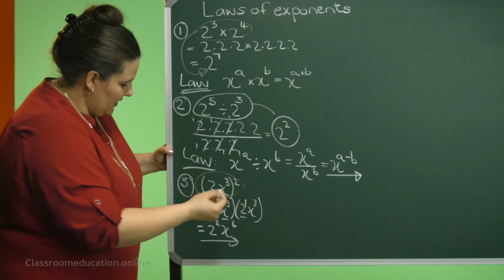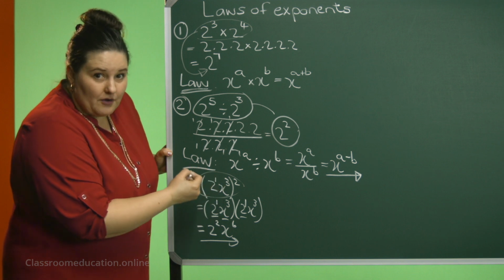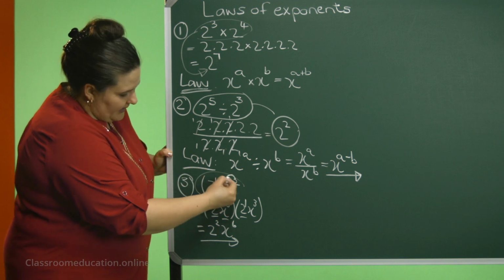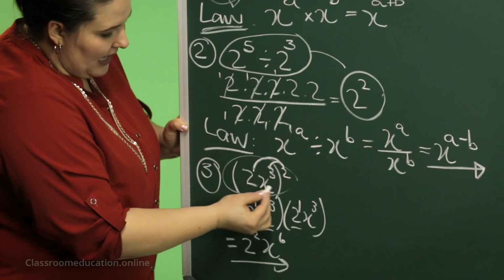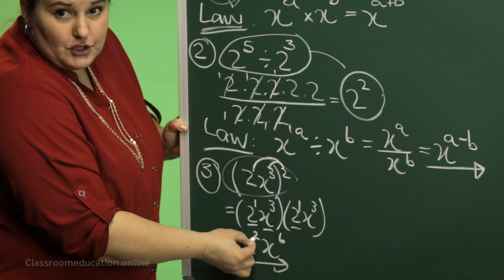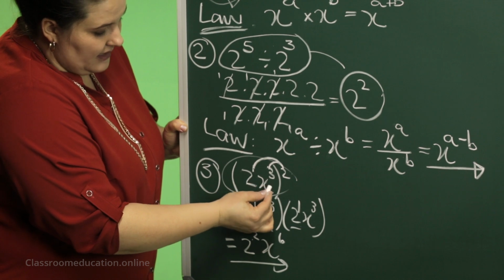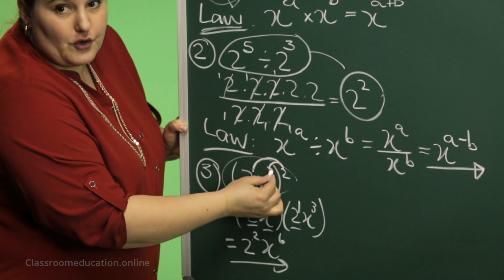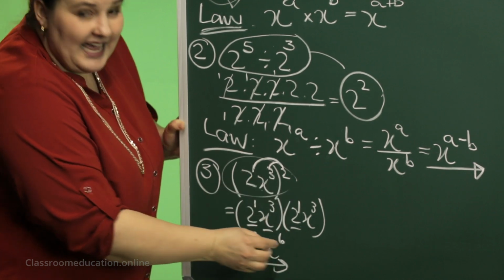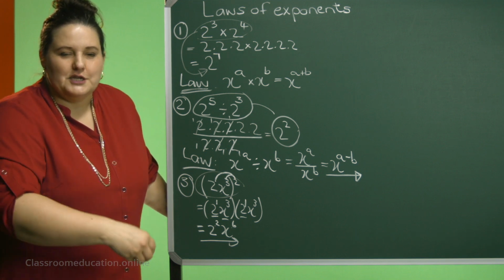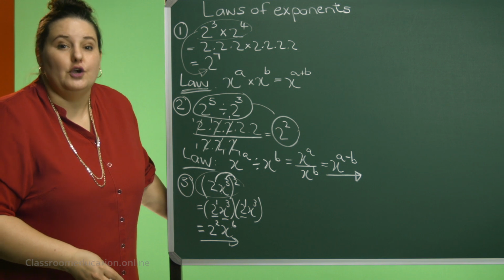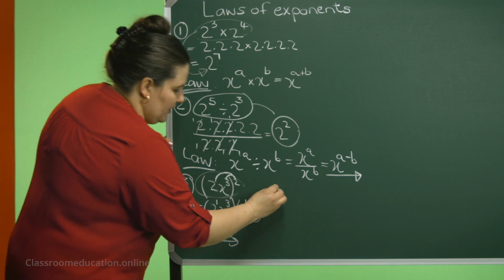Let's do that. So this is actually to the power of 1, and now I can multiply the exponents. 2 to the power of 1 times 2 is 2, and x to the power of 3, 3 times 2 is 6. And can you see that we get the same answer? Yes. So that is my third law. Let's write out the law.